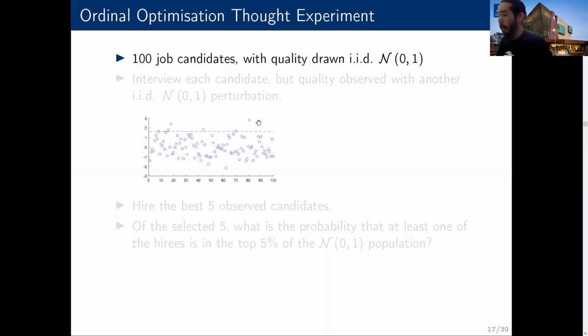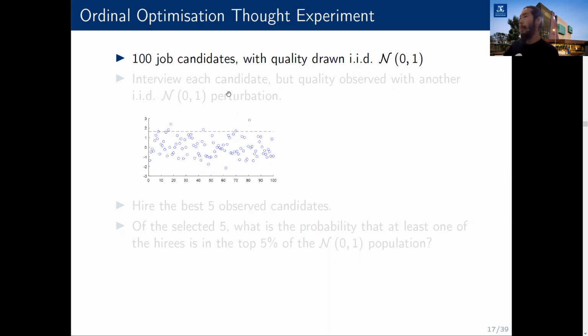So to be able to properly introduce what ordinal optimization is and the resulting bounds that were developed, I will now give you a thought experiment, framed in a job hiring context. Suppose I've got 100 job candidates for a position, and each candidate has their quality drawn from some standard Gaussian population.